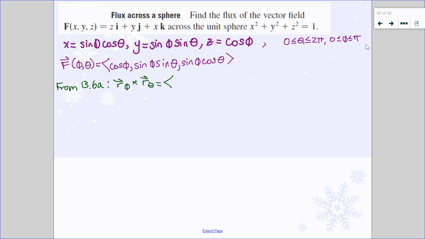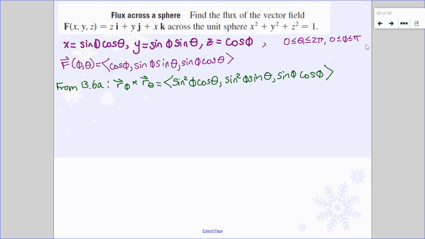But we were using one of radius 2, so now we're just going to go radius 1. So we'll scale it back a little bit. But this would be the cross product for radius 1. Sine squared phi cosine theta, sine squared phi sine theta, and sine phi cosine phi.